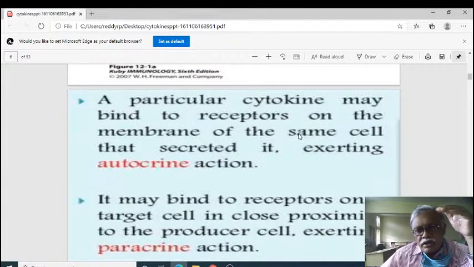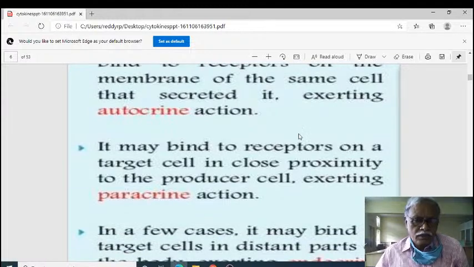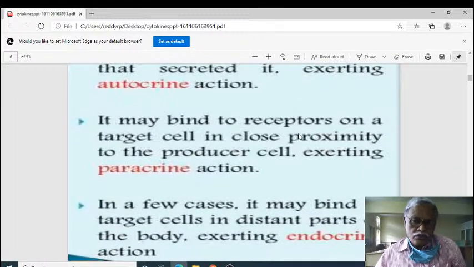A particular cytokine may bind to receptors on the membrane of the same cell that secreted it, exerting an autocrine action, and it may bind to receptors on a target cell in close proximity to the producer cell, exerting a paracrine action.